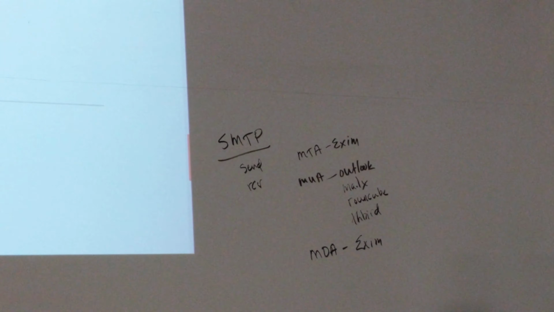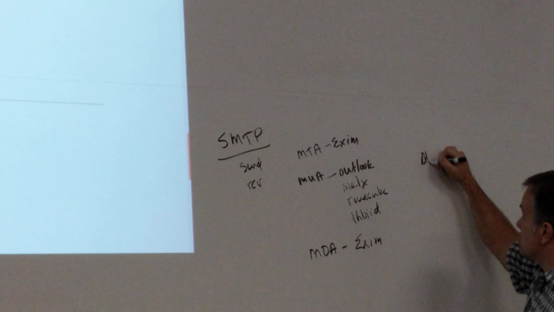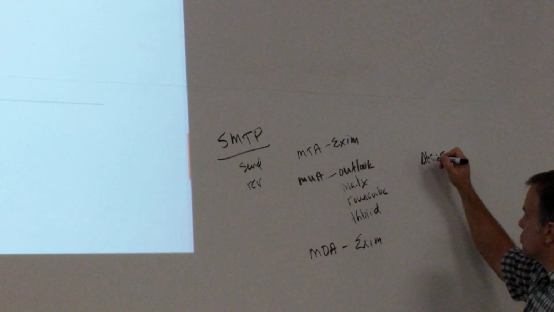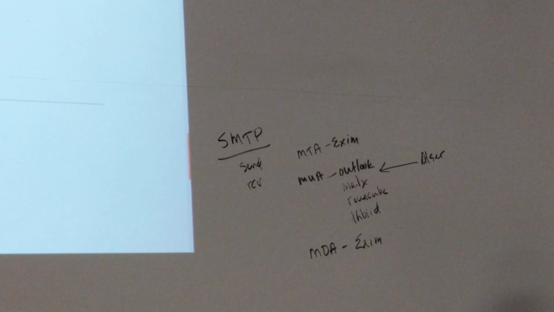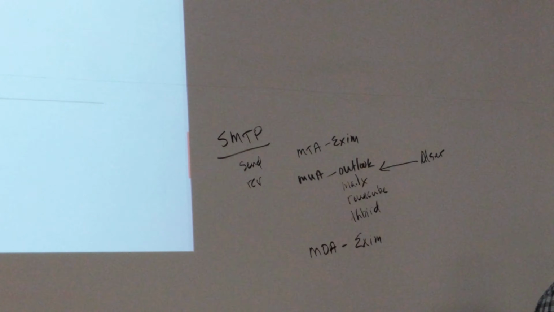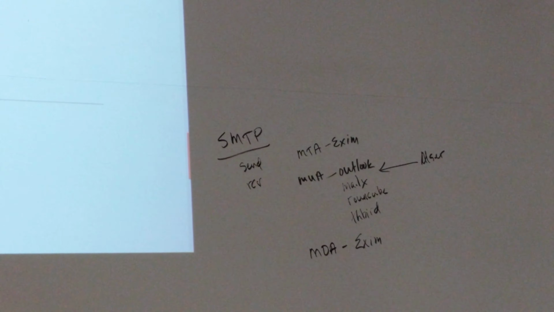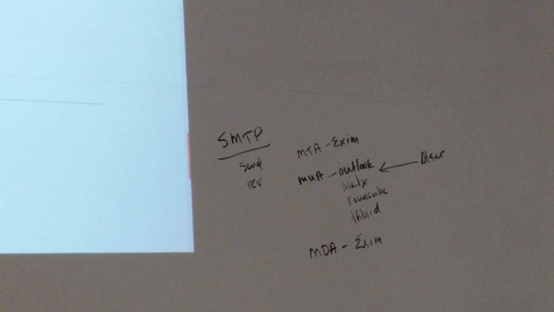Is there another component that was missing? Maybe, I don't know if we called them, the user itself. The user would connect to MUA. Yeah, something like that. Those are the three acronyms. Am I missing one? MTA and MDA.